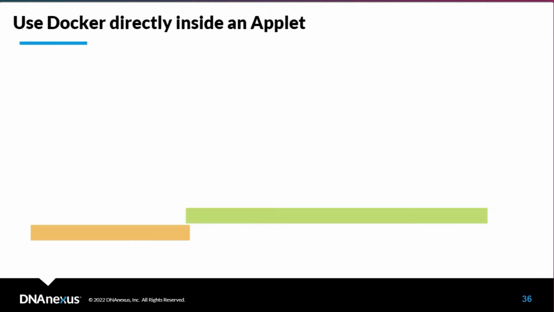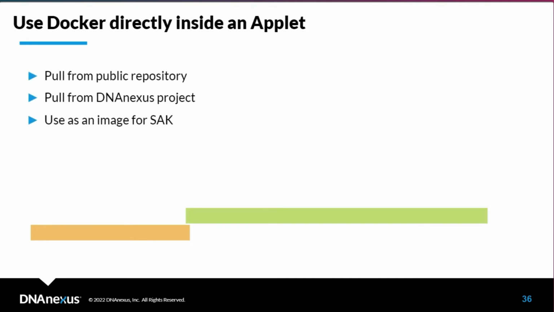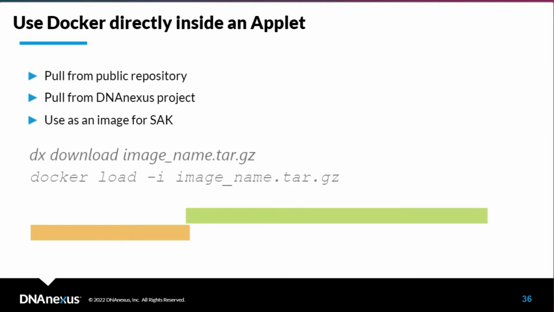So now let's talk about how we can actually use Docker images in our applets. During this webinar, we've already seen 3 ways how we can use Docker on RAP. First option was, let's say, pulling a Docker image from public repository.